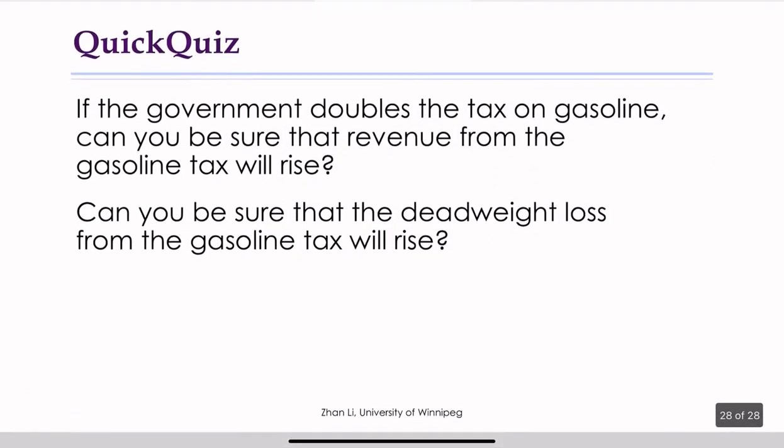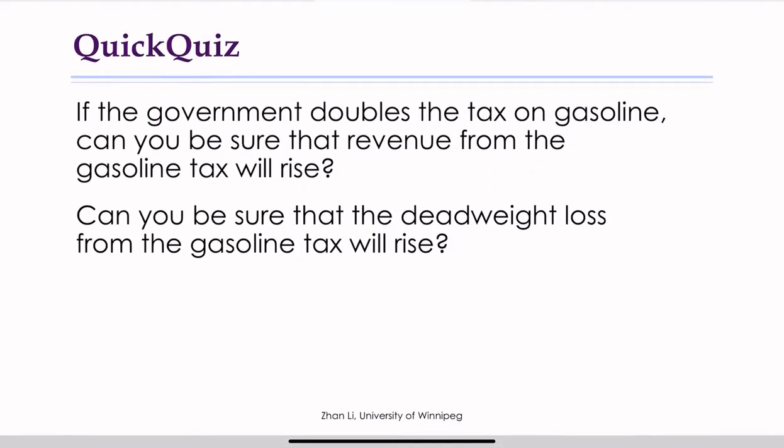Okay, now let's look at the last little question here. If the government doubles the tax on gas, can you be sure that revenue from the gas tax will rise? Well, you cannot be sure, right? Because we know that as you increase tax, the tax revenue could increase or decrease.